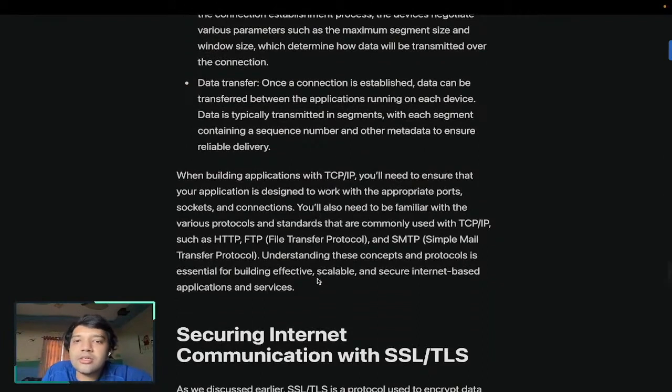Data transfer. Once a connection is established, data can be transferred between applications running on each device. Data is typically transmitted in segments, with each segment containing a sequence number and other metadata to ensure reliable delivery. Okay, good. Everyone understands the word data transfer.